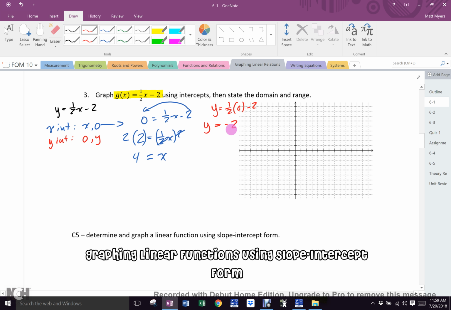Where do I put the red dot for my y-intercept? Where do I go from there? Down 2, because negatives go downwards. Where do I go from here for my blue? 4 to the right. 1, 2, 3, 4. And what do we do? Connect them. Because I can put every single number in there.